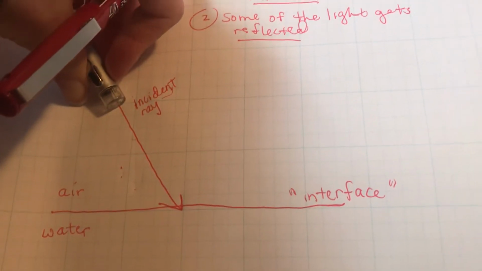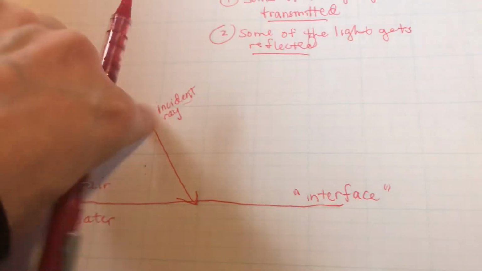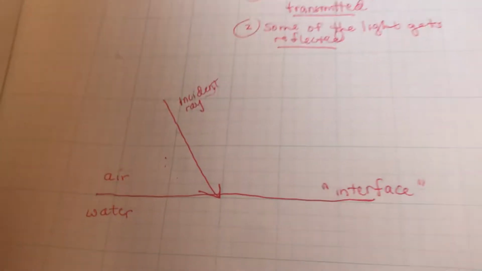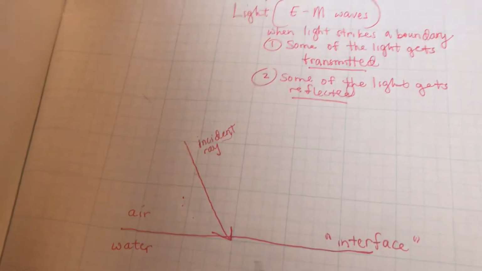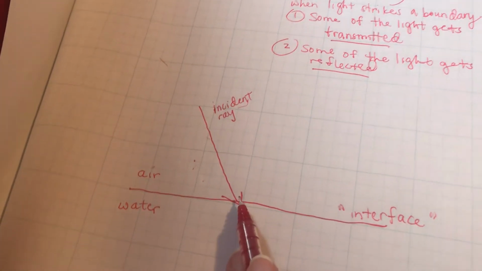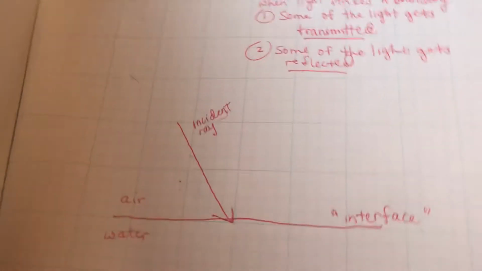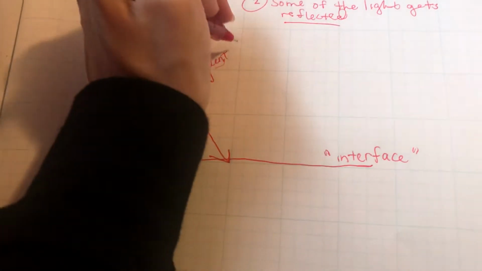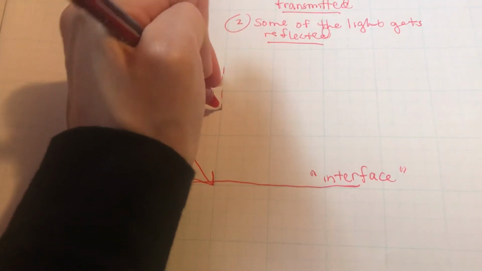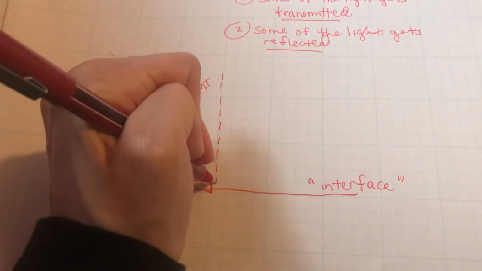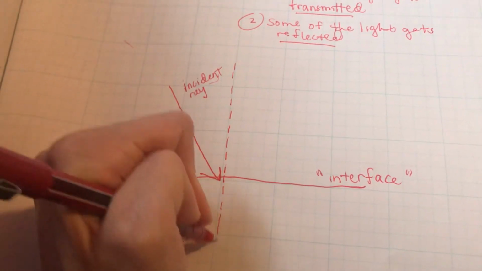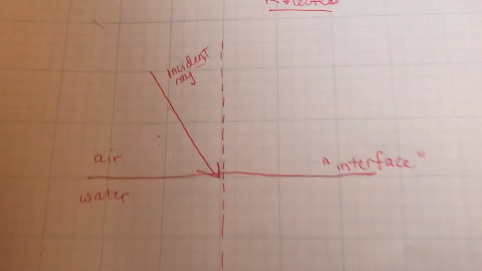So that is where the light is coming from, and this is the trajectory of that light. The light is going to strike the interface. Anytime we talk about the angle at which it's striking the interface, we always talk about it relative to this imaginary perpendicular line called the normal.